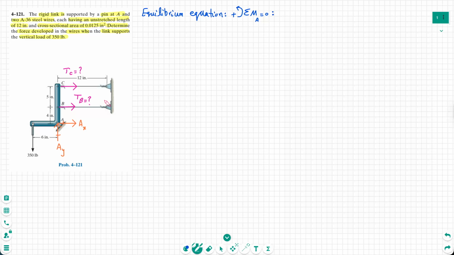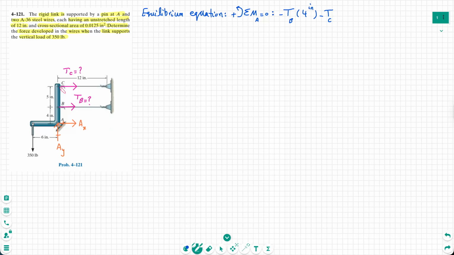So if we go with TB, the moment of TB about this point A is clockwise. So I use a negative sign to show that the moment is clockwise, and the lever arm is this distance that you see, which is 4 inches. So I write this for TB, and for TC I have negative TC. Why negative? Because TC also rotates about A clockwise.